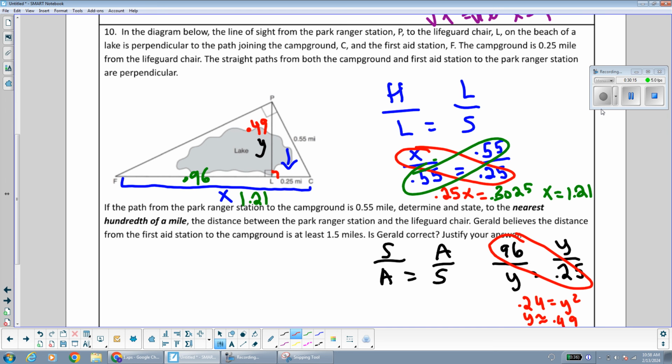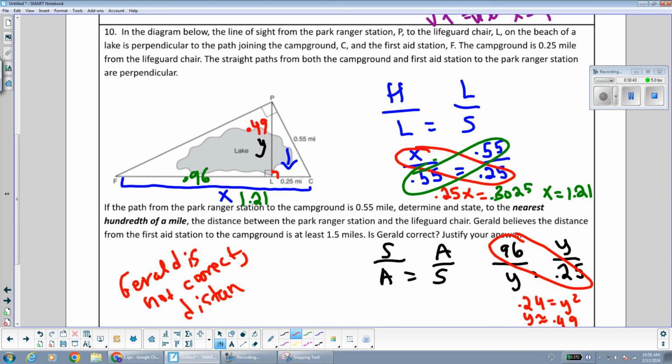So you could very well have done it with the Pythagorean theorem, but you would still have to do a little bit more in order to get this 1.21 to answer the second part of the question. Now I see that Gerald is not right. This is less than 1.5. Gerald's wrong.